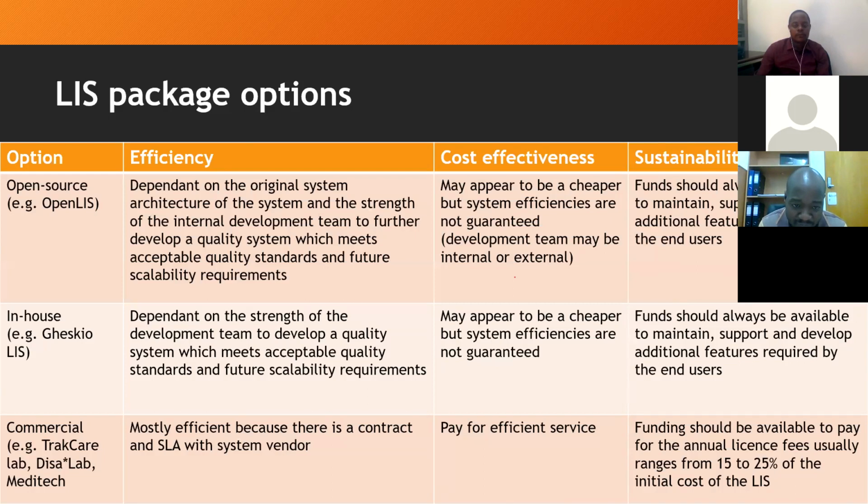So in terms of efficiency, this becomes a more efficient package because of the contracts that are involved. And then for sustainability, it's normally a range of 15 to 25% of the total cost of implementation, or the amount of money you use to procure and do the initial setup. So 15 to 25% of that becomes your annual maintenance. Next slide, please.